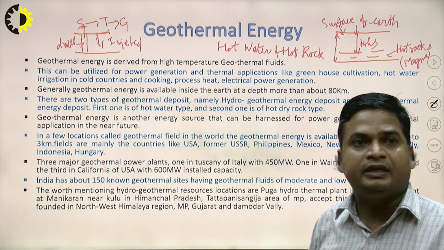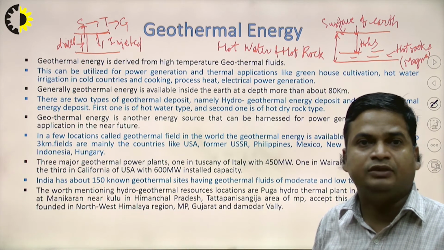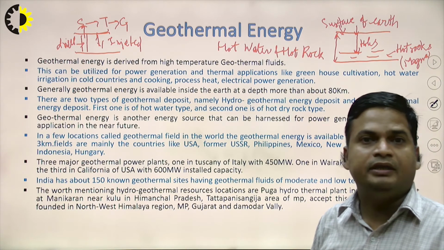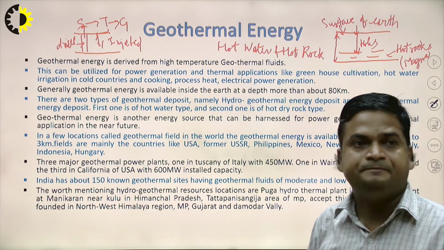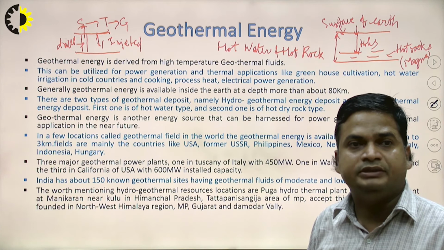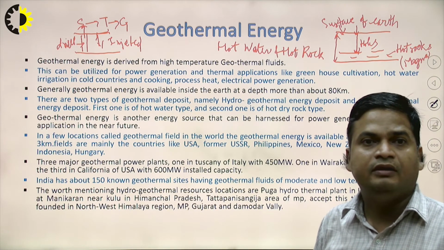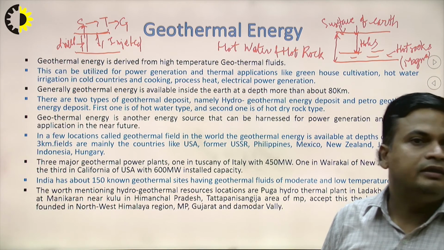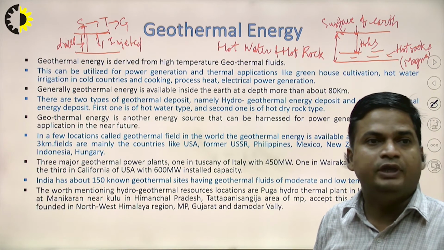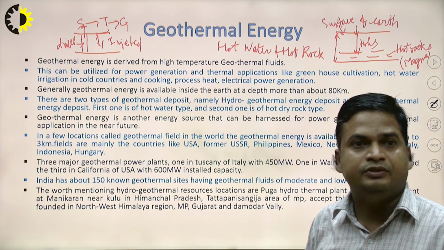These are mainly in countries like USA, former USSR, Philippines, Mexico, New Zealand, Japan, Italy, Indonesia, and Hungary. Three major geothermal power plants are one in Italy with 450 megawatt, one in New Zealand, and the third in California, USA with 600 megawatt installed capacity. So these are the three major plants in the world.